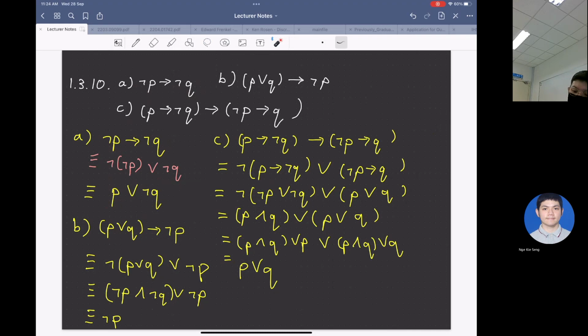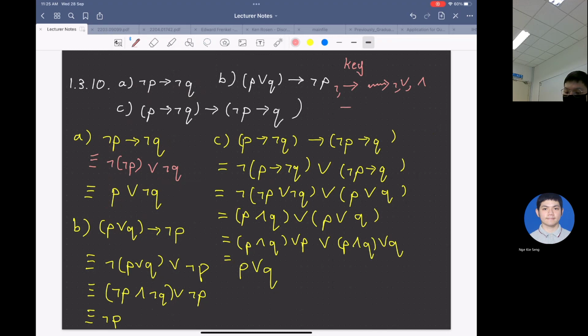The key here is you need to know how to go from implication to disjunction with negation.